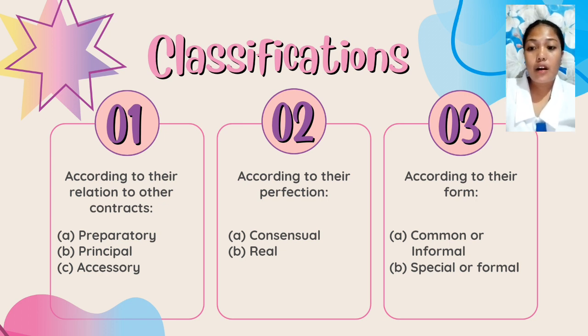Examples are the comodato, deposit, or the pledge. And the third one, we have here according to their form, which has the common or informal, those which require no particular form, one example of which is the loan. The second is the special or formal, or those which require some particular form, and examples of this are the donations, charter, mortgage.